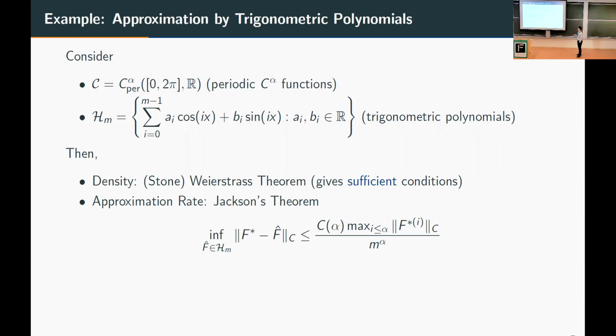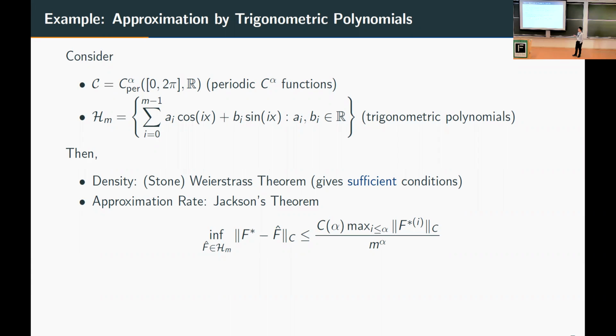The density result you can simply deduce from the Weierstrass theorem. And in fact, the Stone-Weierstrass theorem gives you sufficient conditions for any hypothesis space of a polynomial form to have universal approximation. So this is the first kind of density result.